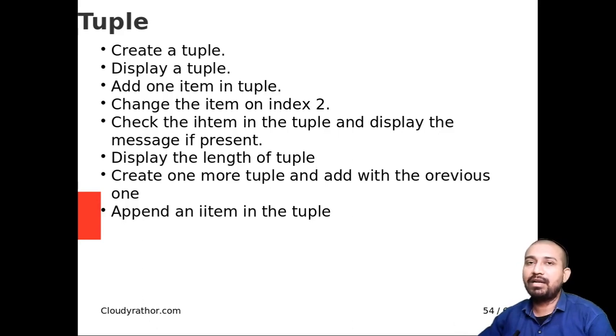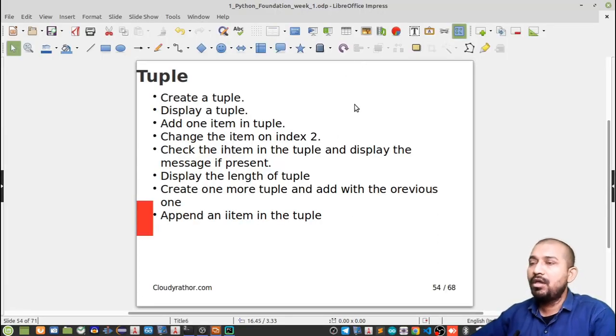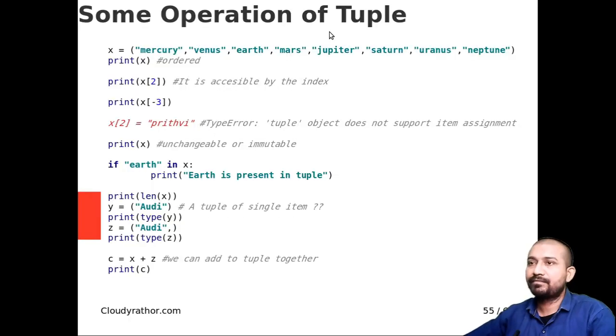We will try to add some data in the same way we added the data in the list. Then change the item on index 2, check the item in the tuple and display messages if present. One by one we will try to do all these operations.